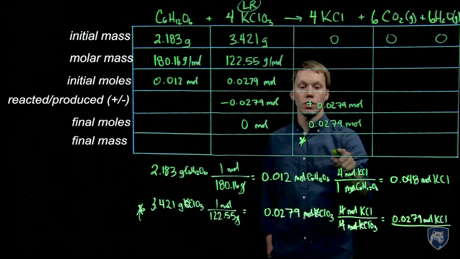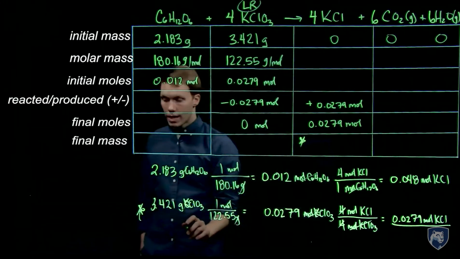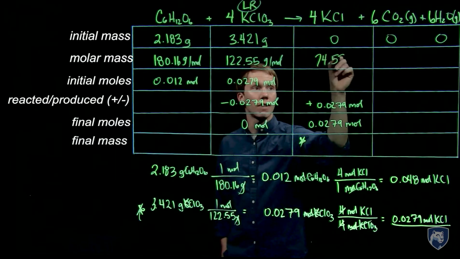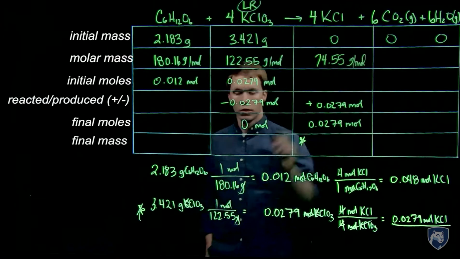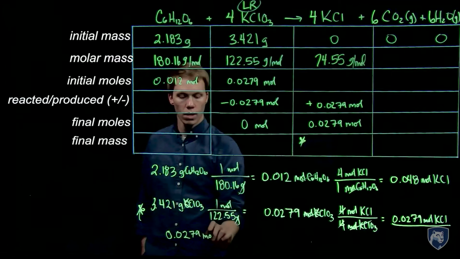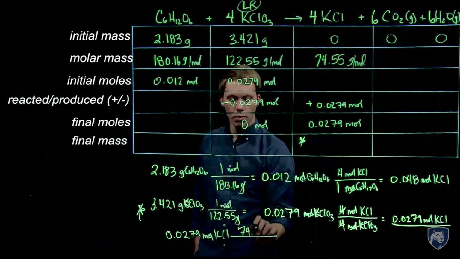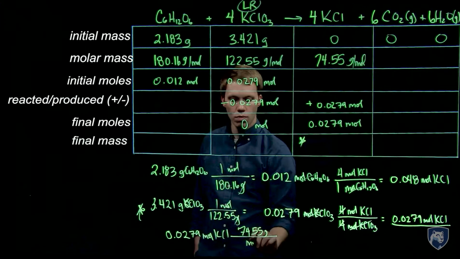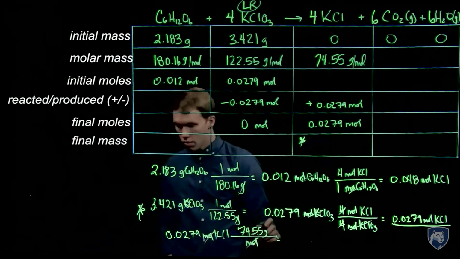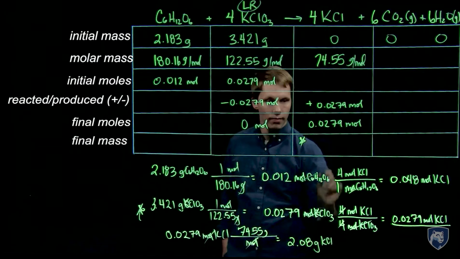So in order to get from moles to mass, again, we'd have to use the molecular weight. The molecular weight of KCl is 74.55 grams per mole. 0.0279 moles of KCl, multiplied by 74.55 grams per mole, gives me 2.08 grams of KCl.